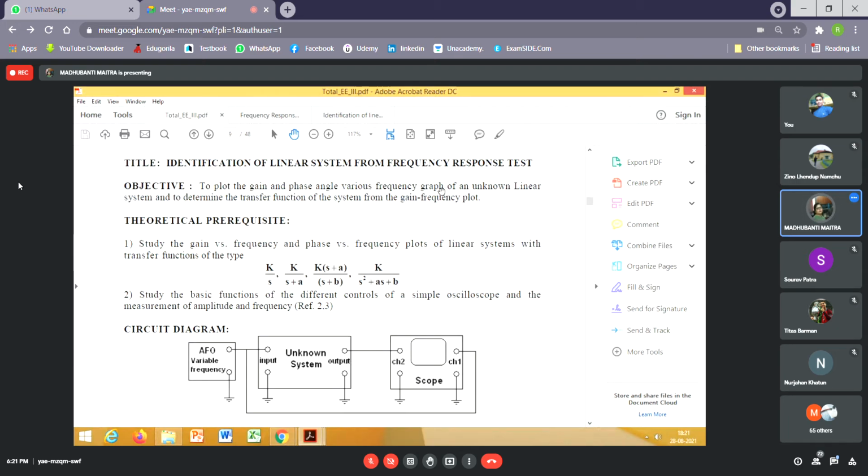So from the objective, it's clear that the linear system given for this particular experiment is not known to us, it's an unknown system. So to plot the gain and phase angle versus frequency graph of an unknown linear system, and to determine the transfer function of the system from the gain frequency plot.